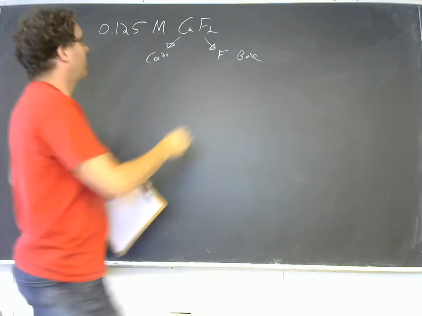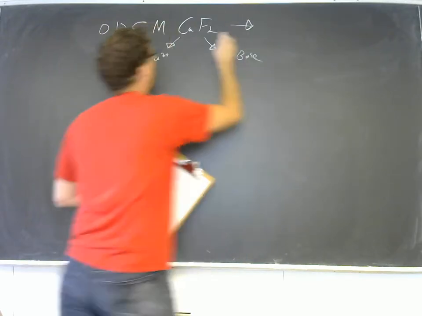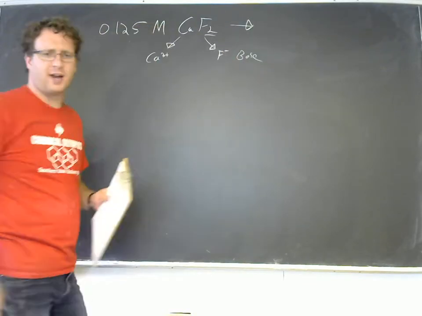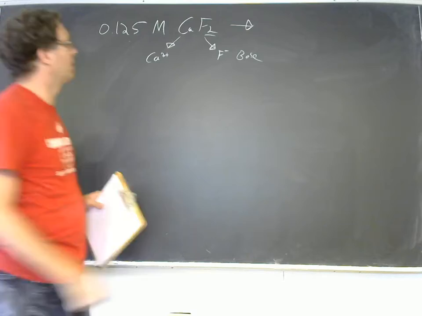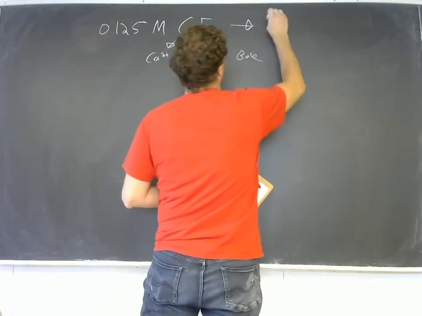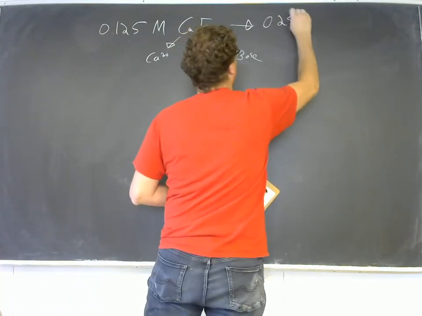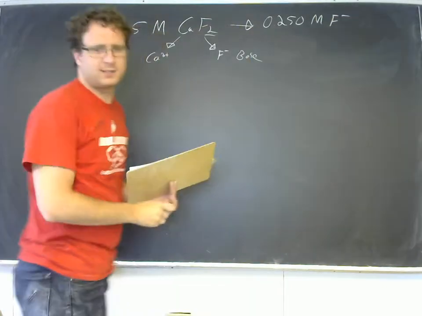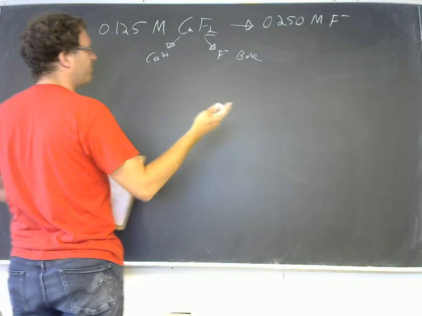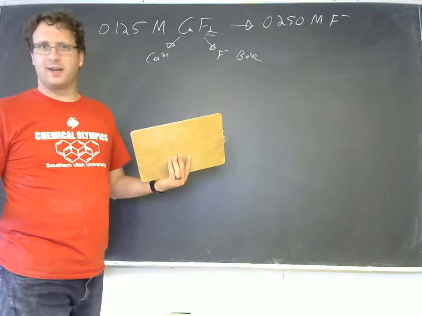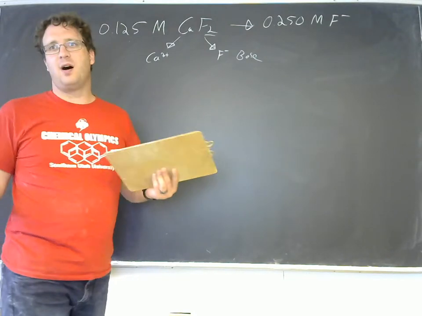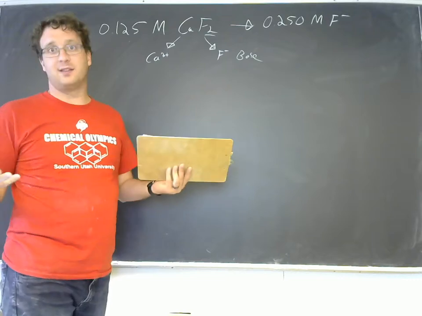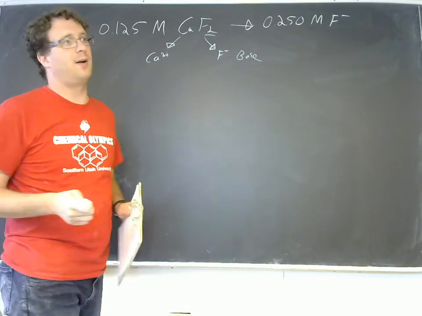Well, first of all, let's recognize that there are 2 fluorides in every formula unit here. And so what we'll really have is 0.250 molar in F-. You're not likely to find F- on a table of bases unless it's a particularly comprehensive table.